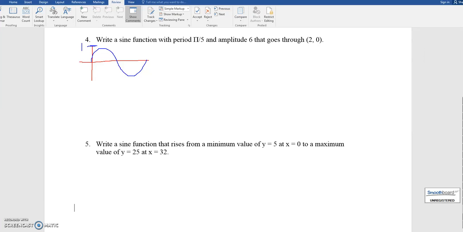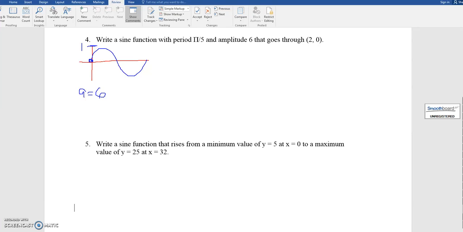This problem wants the amplitude to be 6, so that means all I need to do is make my a value equal 6. Okay, that won't be too hard to plug in. At the end it says it has to go through the point (2, 0). Well, I have a point that goes through (0, 0). If I just shift this whole graph 2 units to the right, it's going to work out just fine.